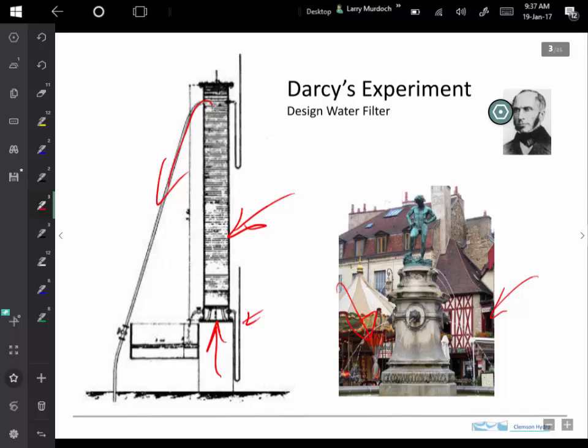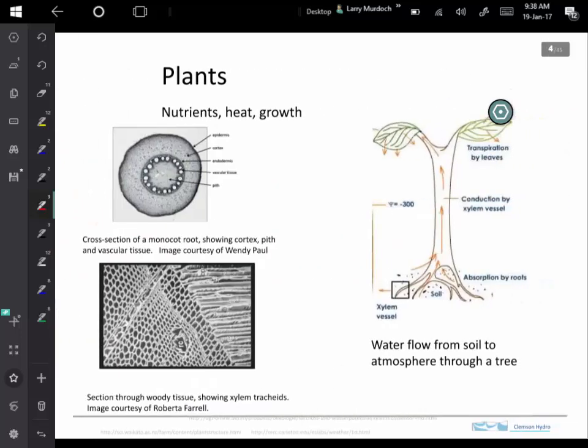So expressed in flux, he had the volumetric flux was equal to a constant times the head gradient. And so that became known as Darcy's Law, and we'll get back to that later, but it had this very important origin in understanding how sand filters work.